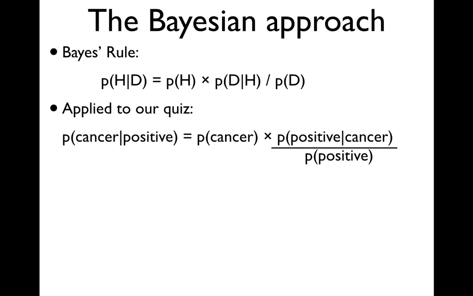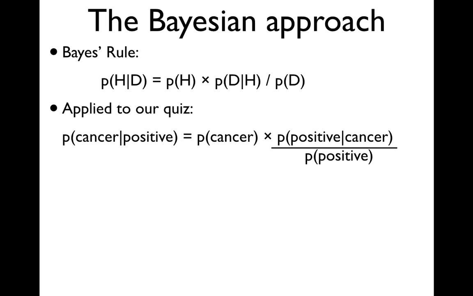So applied to our quiz, the probability of having cancer given a positive test result is the probability of having cancer times the probability of having a positive result given that you have cancer, divided by the probability of just having a positive result regardless of whether you have cancer or not.